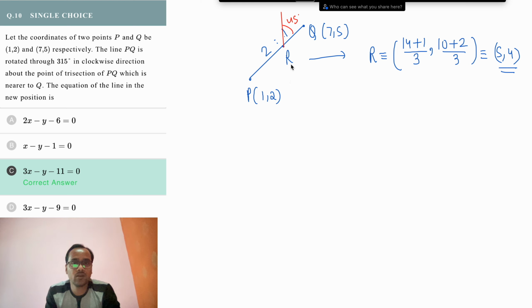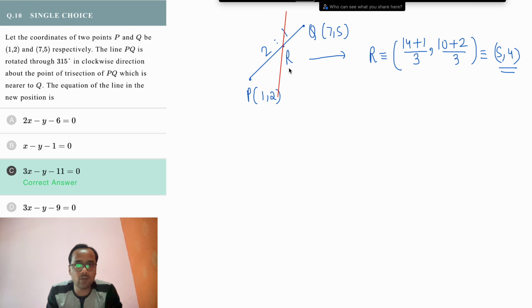That means after rotation of the line through an angle of 315 degrees, it would be looking like this. So this will be the new line after rotation.